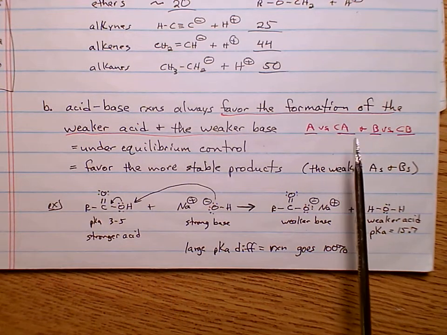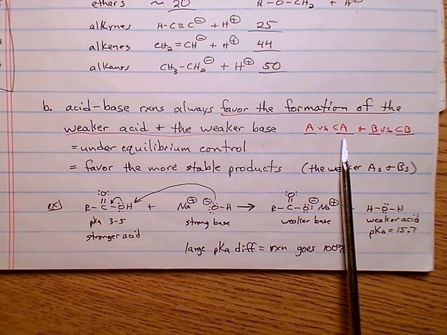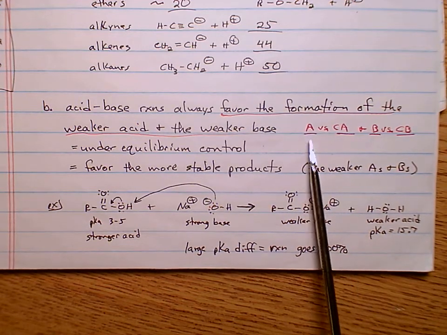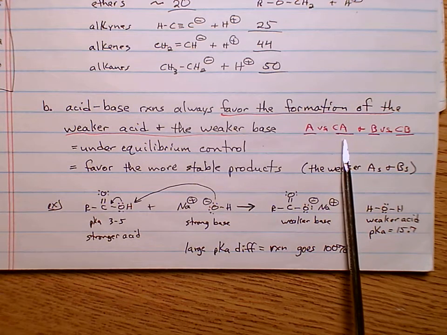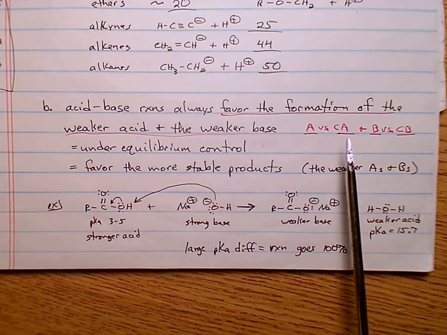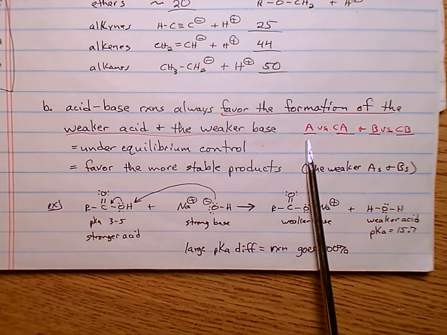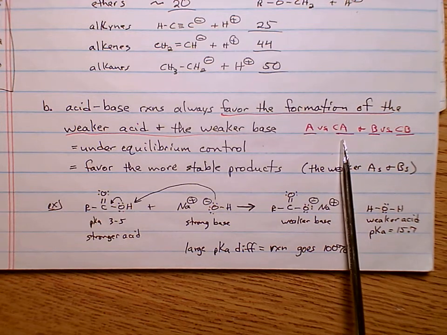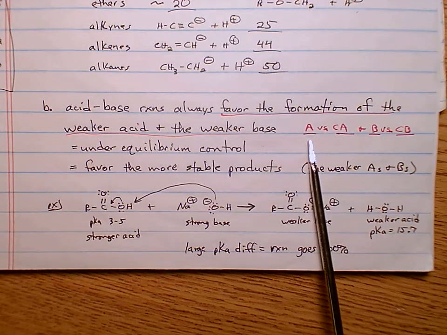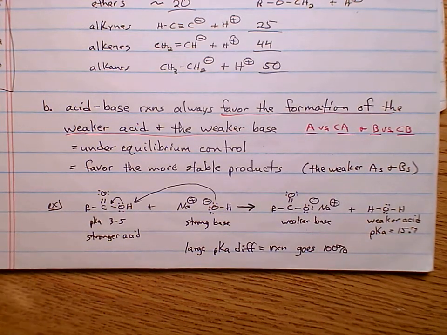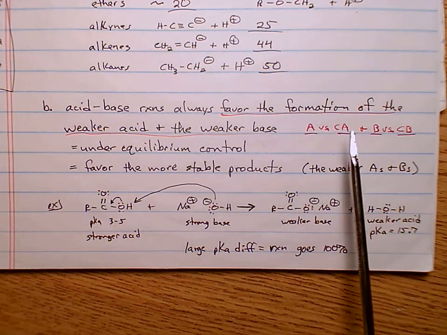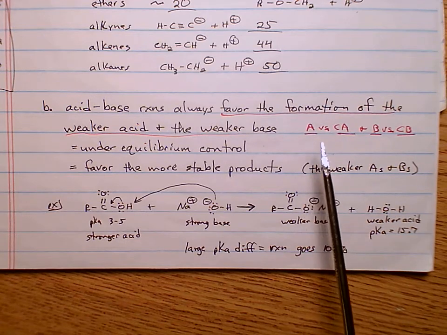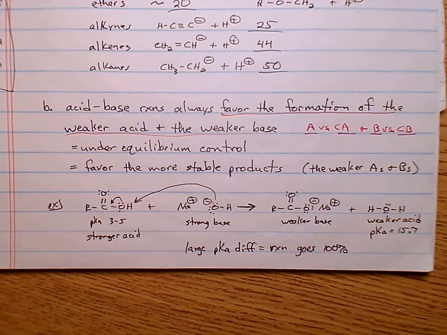So if the conjugate acid on the product side is a weaker acid than our original acid on the reactant side, then the equilibrium goes to the right. If the conjugate acid is a stronger acid than the original acid, then the equilibrium goes to the left. All right, because the weaker the acid and the weaker the base, the more stable they are.